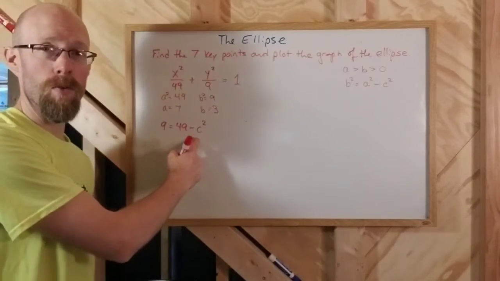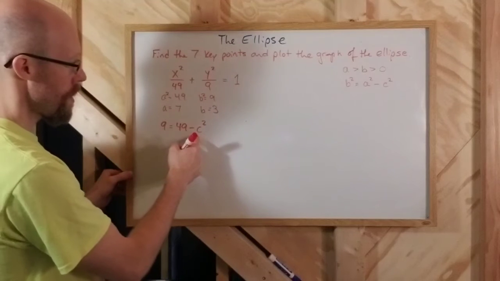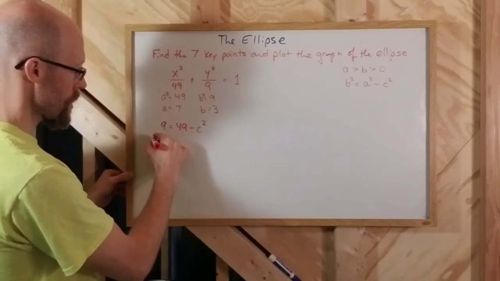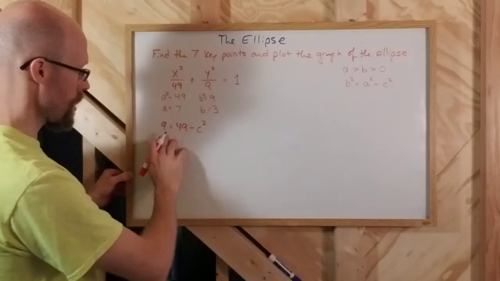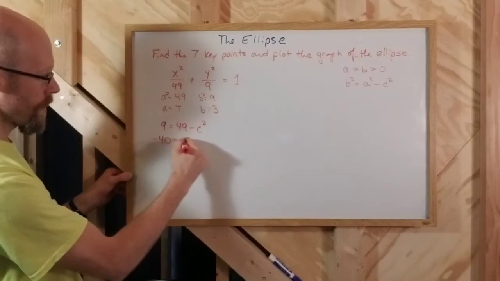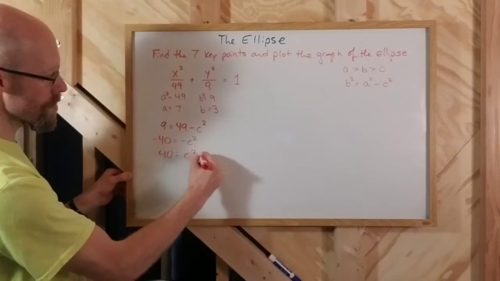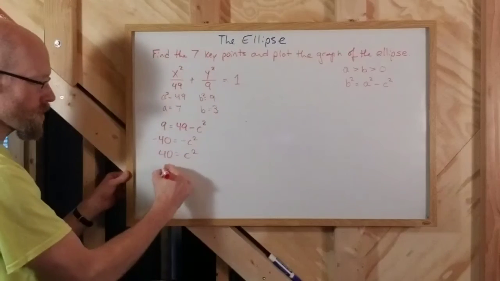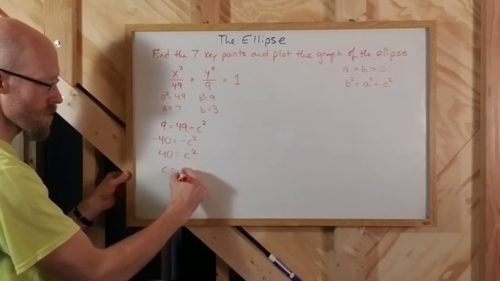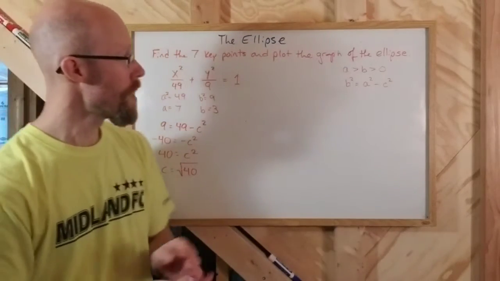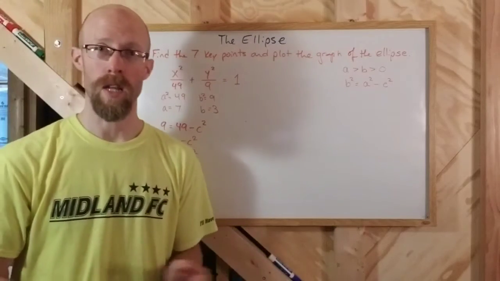If I solve this equation for c squared, I'd subtract the 49 from both sides. It'd be negative 40 equals negative c squared. Divide out the negative, so 40 is equal to c squared. And so c is the square root of 40. We're going to use the positive square root again, not negative.